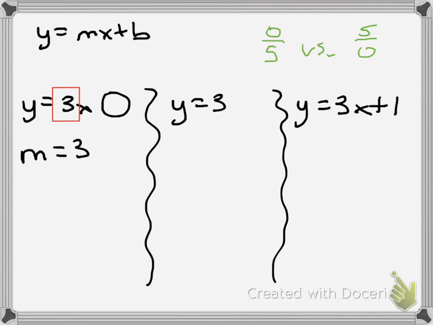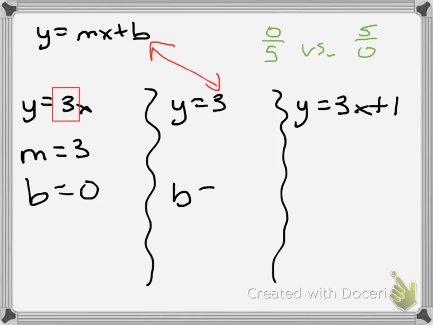We're missing a number at the end, so our y-intercept is 0. In this example right here, and this is one we have trouble with, the 3 is not in front of x. The 3 is by itself. So this 3 right here is the number by itself, so that means our y-intercept is 3.